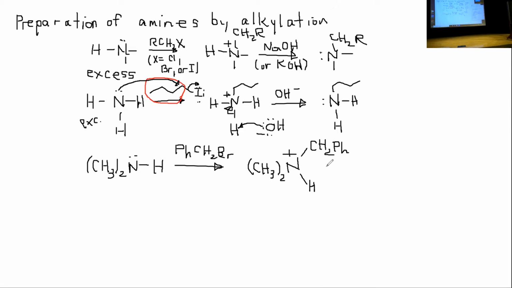So you get this cationic intermediate, and then in the second step, you add sodium or potassium hydroxide, probably an aqueous solution, and that's going to give you a water molecule plus, let me see now, benzyl dimethylamine.